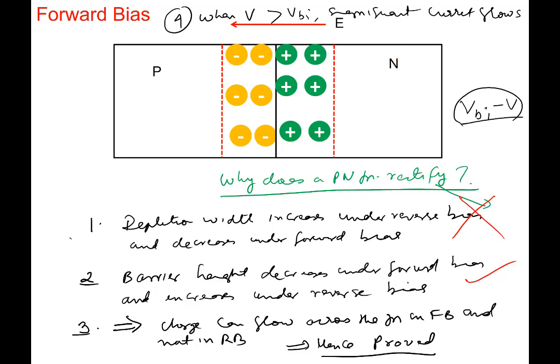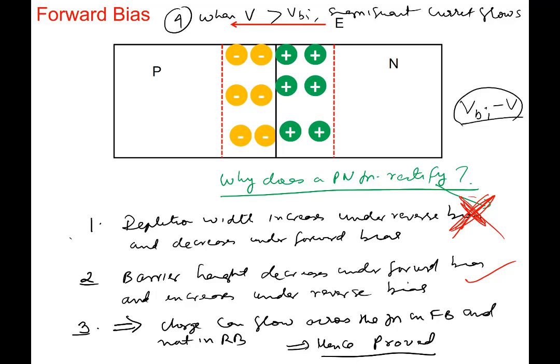In forward bias, VBI minus V. Reverse bias, VBI plus V. That's the barrier height. So I don't need this. If you are starting with depletion width, you are unnecessarily starting with it. In fact, it's the other way around. If you're thinking depletion width increases and that causes the barrier to increase, it's the other way around. The net voltage becomes smaller, and that causes the depletion width to become smaller.